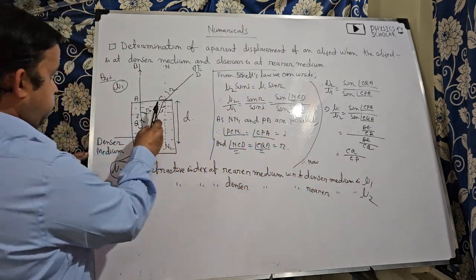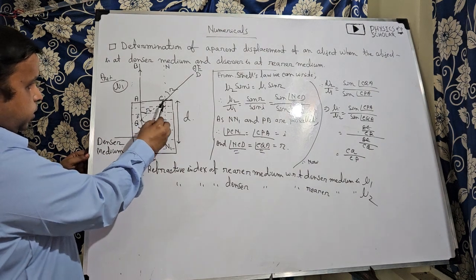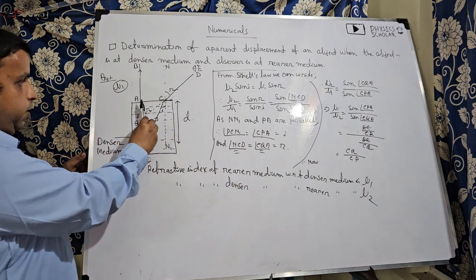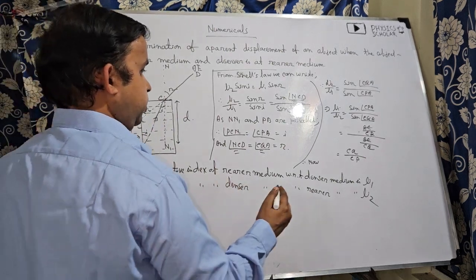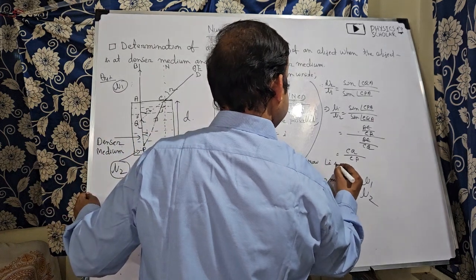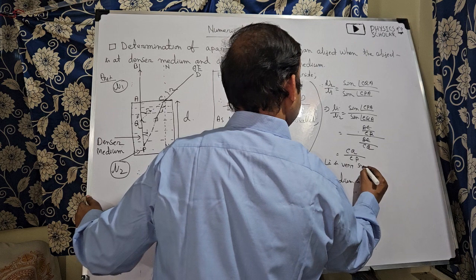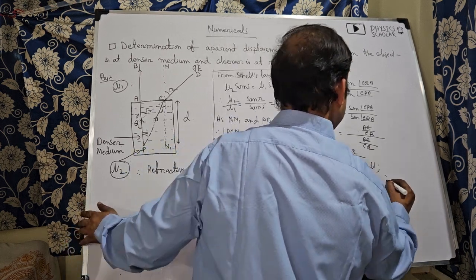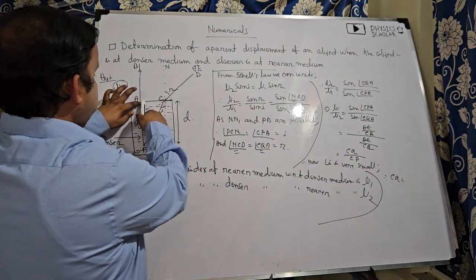Now, the refracted ray, we are assuming that it is very close to each other. That means this angle is not too much. If angle i is very small, then A and C will be very close to each other.